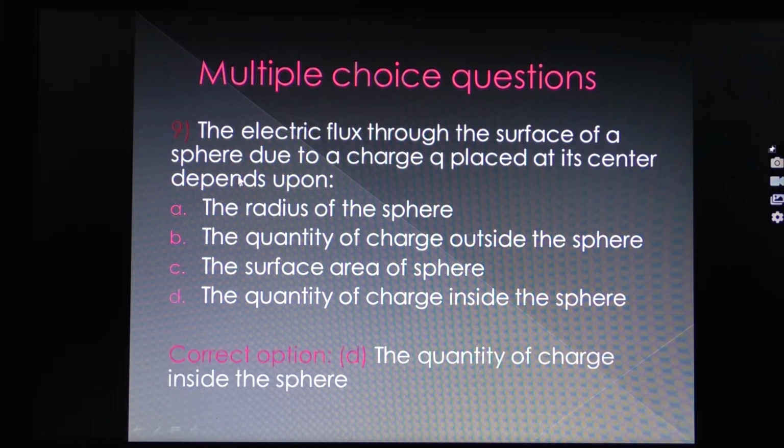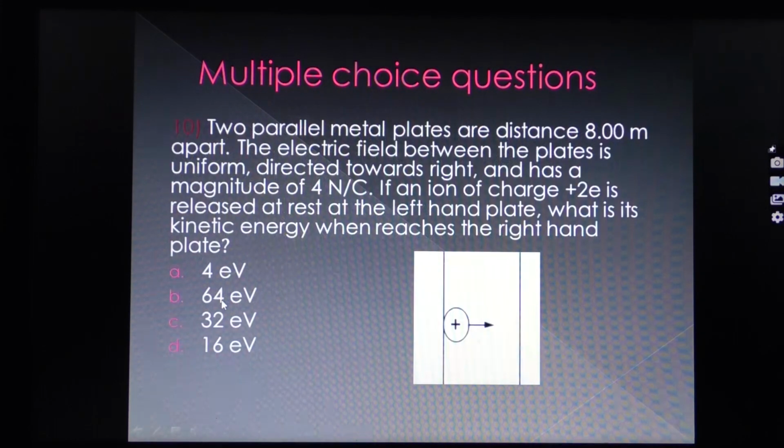Which option is correct? D option is correct. It depends upon the quantity of charge inside the sphere, because flux is equal to charge enclosed over epsilon naught.